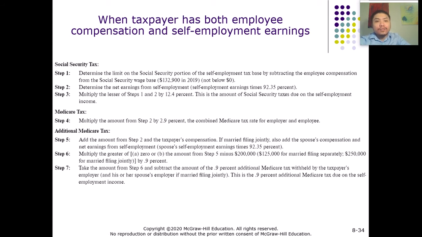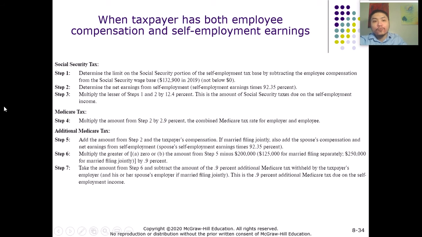So if the earnings from the self-employment activity do not exceed the base we calculated in step one, then we can use that amount. But otherwise, if the earnings from the self-employment activities are greater than the base from step one, then we have to use step one.